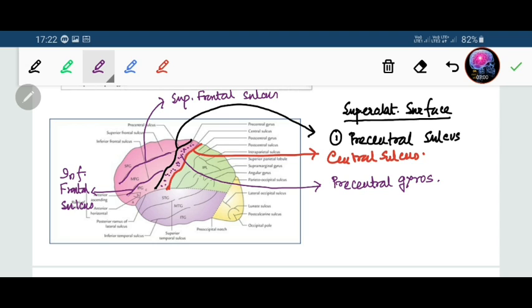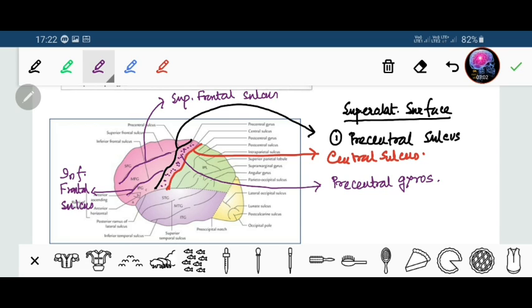These 2 sulci divide the region of the frontal lobe which lies in front of the precentral sulcus into superior, middle and inferior frontal gyrus.